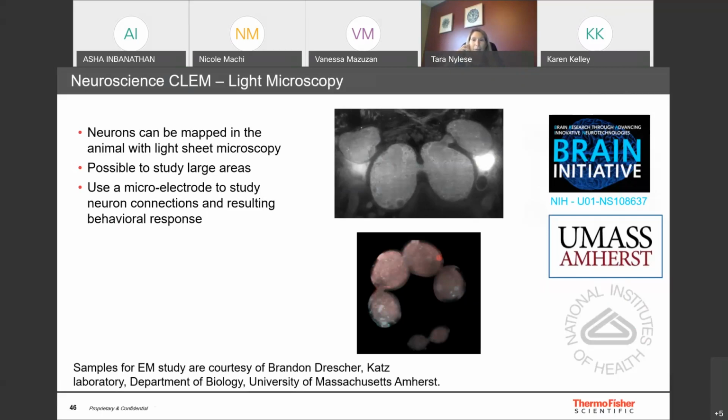So they were using microelectrodes to study the neuron connections. And when they stimulate a certain area, does the nudibranch, does the sea slug turn right, does it turn left? And so by mapping that with light sheet microscopy, they sync together the different areas of the neural ganglia, and then understand the behavioral response.